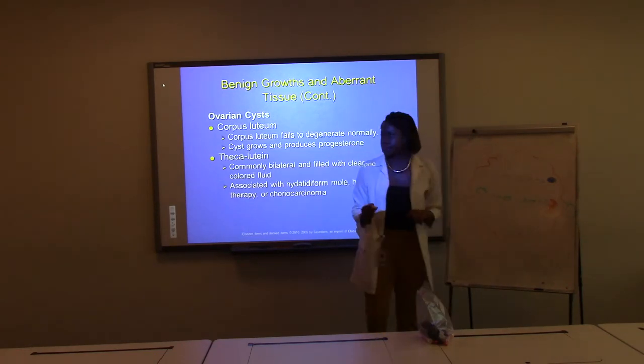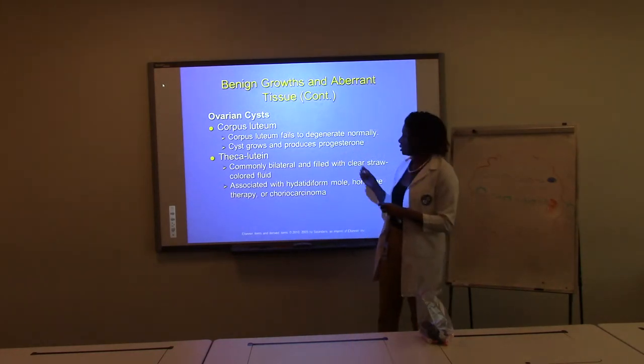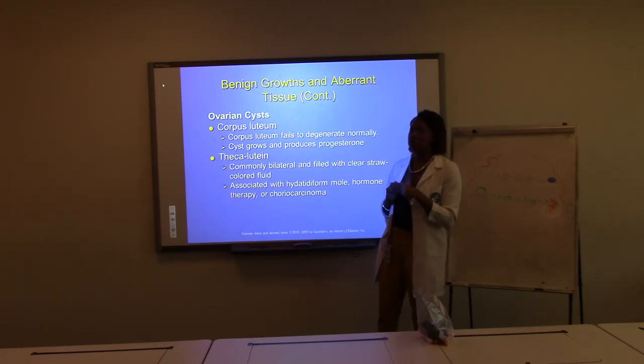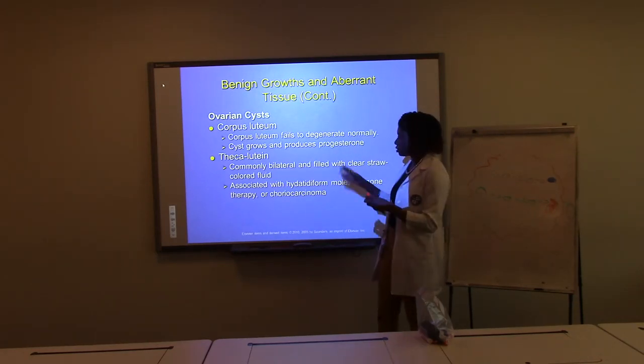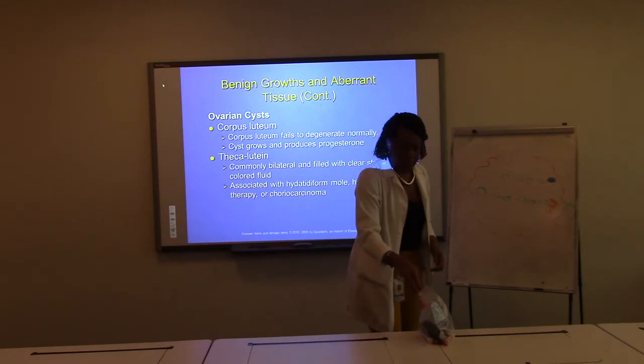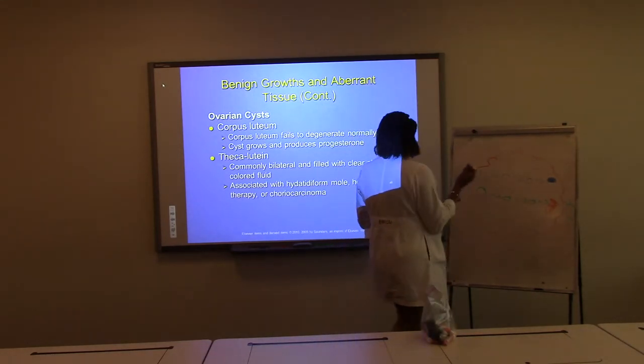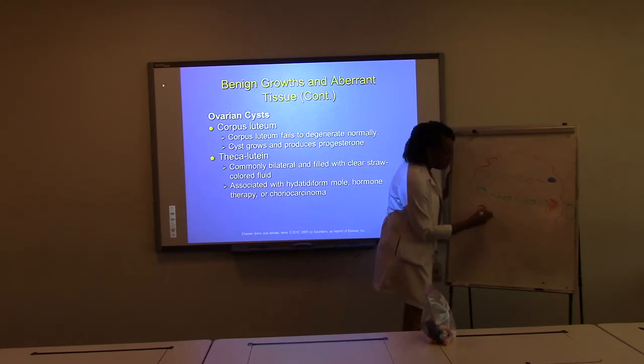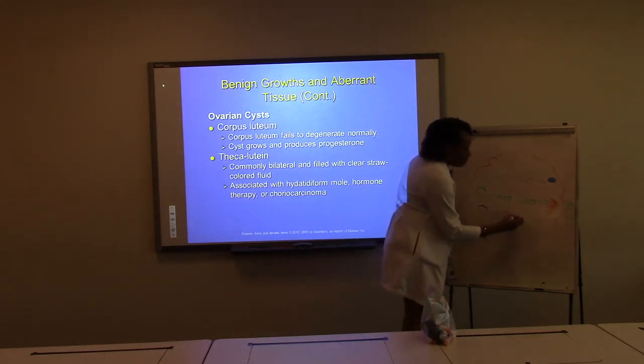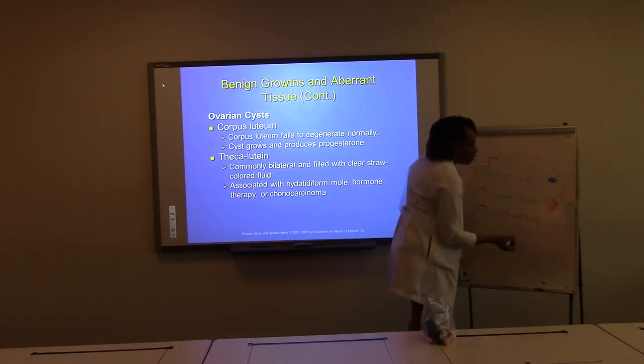And so that's that particular type, and it will actually continue to grow and now produce progesterone. And the very last type that we have is the fecal lutein type, and this is where we have the egg going into the maturation process.